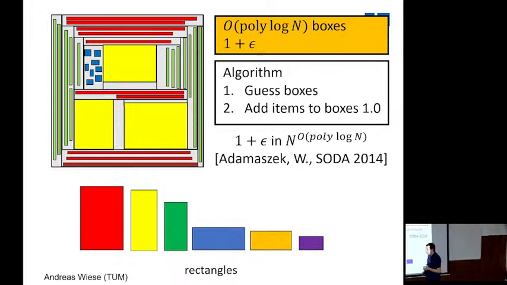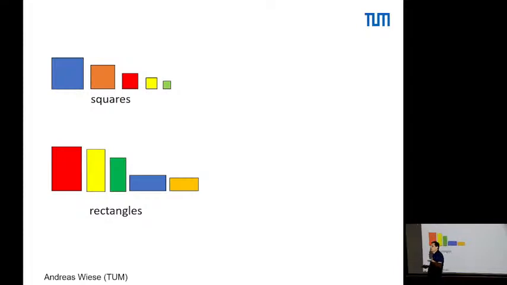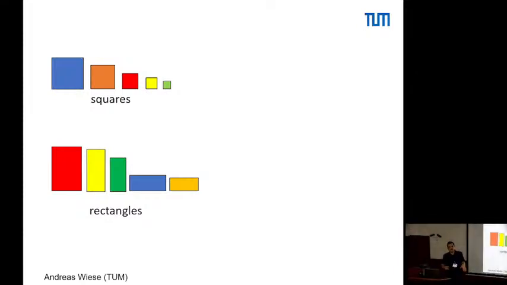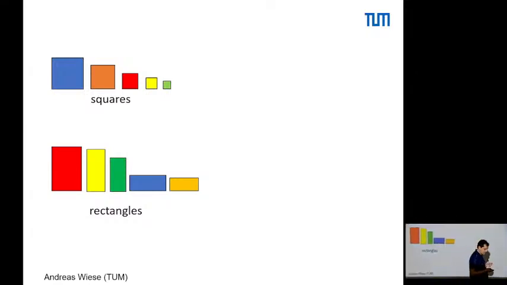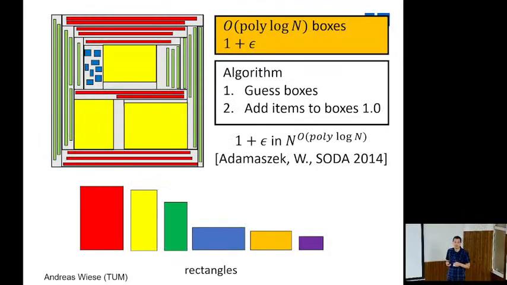Alright, so now we talk about squares and rectangles. Now I claim that there's also another very natural... One question. Yeah, sure. So the polylog structural result, not a computational one, just the first bullet that you had in the previous slide, is that right? I'm just asking about the fact that there are polylog many boxes that you need. Oh, I see.